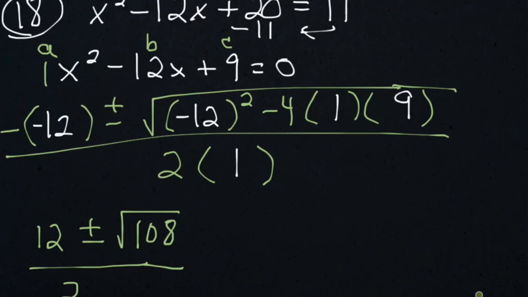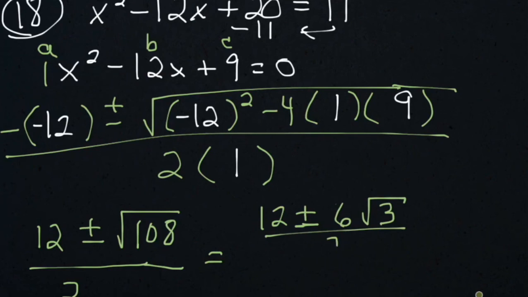The square root of 36 is 6. So I have 12 plus or minus 6 square root 3, all divided by 2. Yes, we can divide by that too and get it even simpler, and that's what we want to do. So 12 divided by 2 is 6, plus or minus 6 divided by 2, which is 3, square root 3.